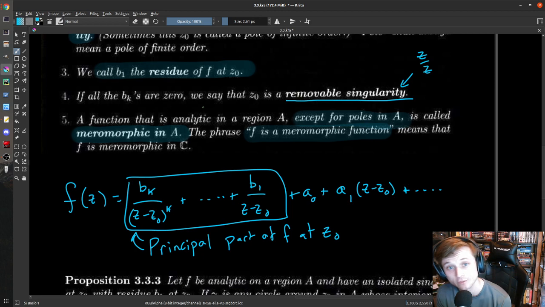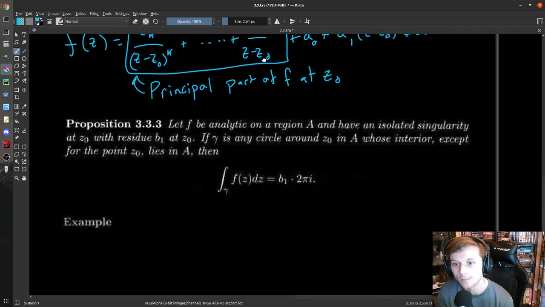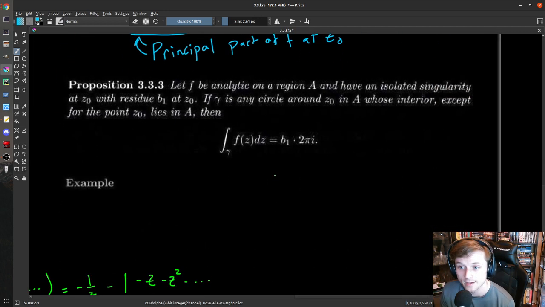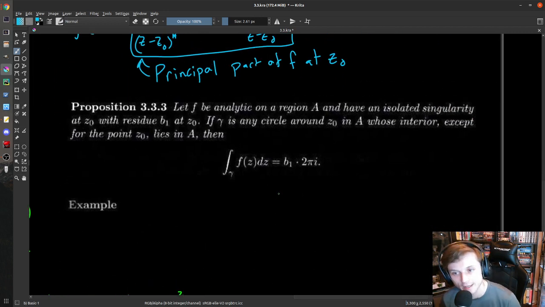So let's start exploring it, and we're really going to get into it tomorrow, Friday, with some super cool stuff. But the first one is great because this is essentially the beginning of an analog to Cauchy's theorem for meromorphic functions. Cauchy's theorem is applicable in certain situations to meromorphic functions.